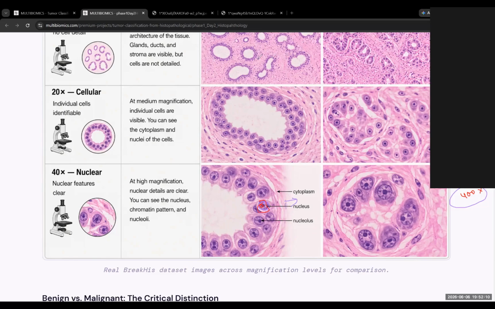And at very low resolution, we can only see the overall duct size. But somewhere in the middle, like 100 to 200x, performed better. Why? Because we got not only the overall pattern of the gland or the tissue, but to some extent the cellular pattern was also visible. Make sense?